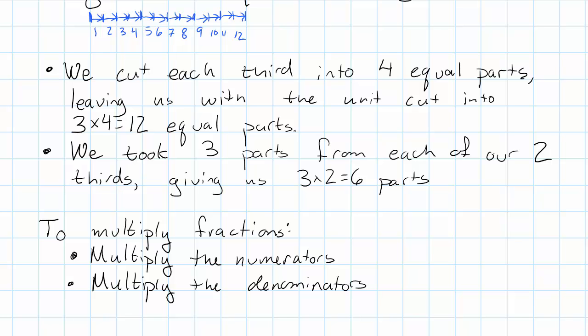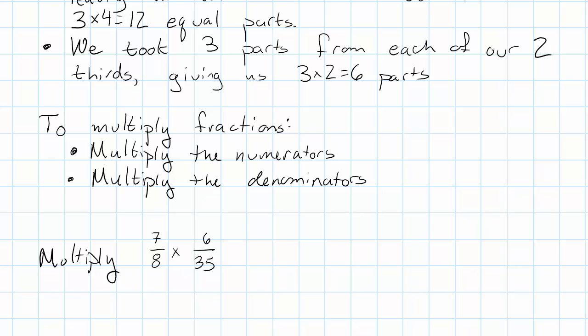Let's see an example here, and I'm going to point out one thing about how we simplify. Let's say we want to multiply 7/8 times 6/35. Well, we'll multiply the numerators, and we'll multiply the denominators. And let's say we wanted to simplify our answer.